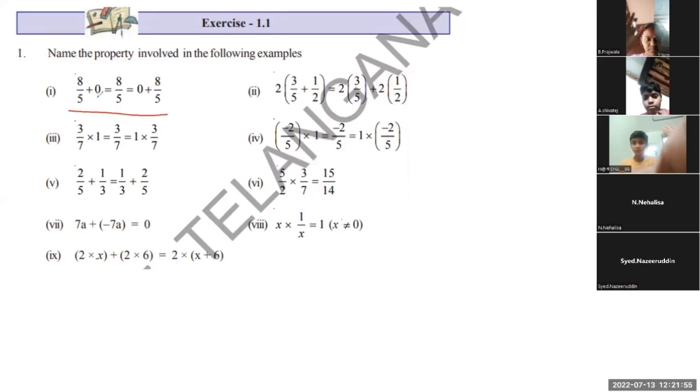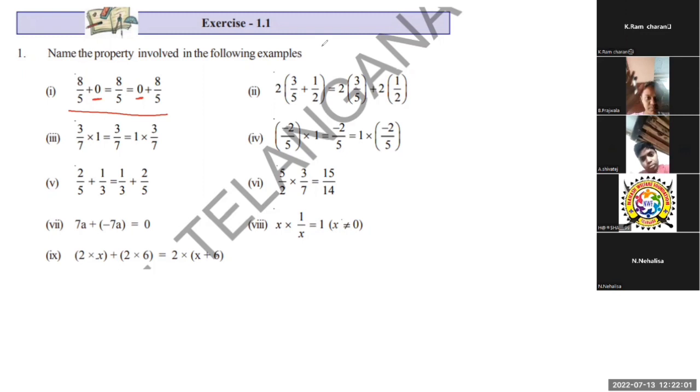It is added by 0. Added by 0 or else? Very good, it is what? Identity. Excellent answer. It is nothing but additive identity. Just write it. You need to write the answer simply like this: additive identity.